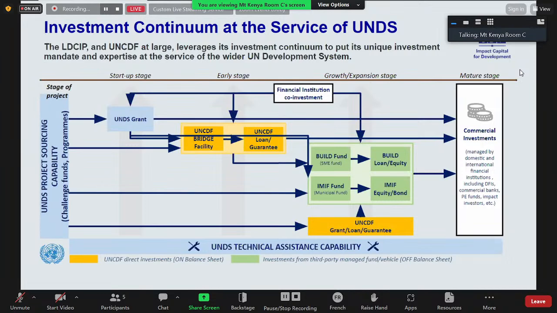Off balance sheet means it's not our own resources as UNCDF. It's an impact fund based in Geneva that raised money based on UNCDF. So UNCDF helps them to raise money. So now they have the fund to be deployed, and they can deploy through transactions that UNCDF will source for them.